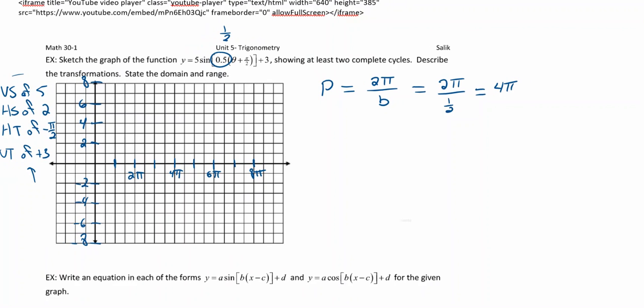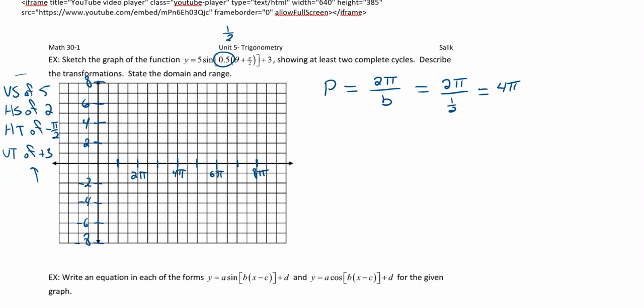Now, same thing as last time. Really what we want to do is make our mapping notation, right? So let's figure out what our mapping notation is. We have this set up, so we can do it now. So we'll say x comma y gives us, and then our x values will be affected by the horizontal stretch and the horizontal translation.